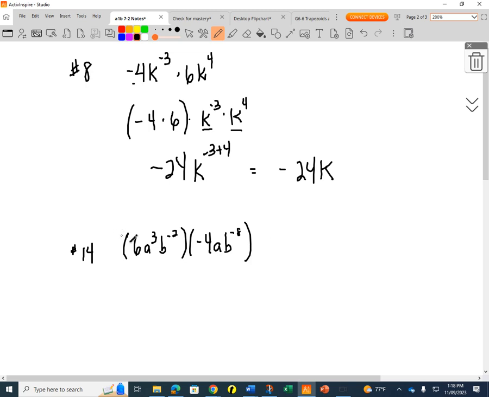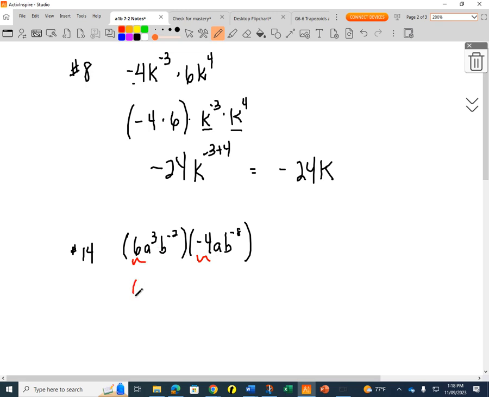So all these parentheses, we don't actually need all these parentheses. This is the same as 6 times a cubed times b to the negative second times negative 4 times a to the first times b to the negative 8th power. We can rearrange. Let's put all the coefficients, all the numbers together.